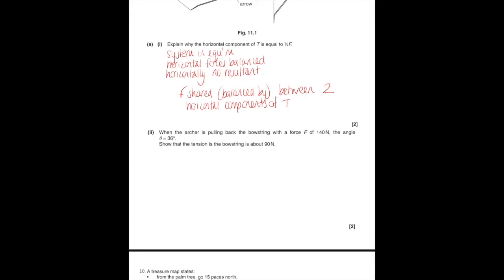Then you're being asked to find that value of the tension, or rather to show that it's about 90 newtons. We're told here that F is 140 newtons, so the horizontal component of T must be 70 newtons, because T horizontal is half F. If we've got a horizontal force of 140 to the left, each of our horizontal components of T must be 70 newtons, and that 70 newtons is merely the resolved T cos 36.